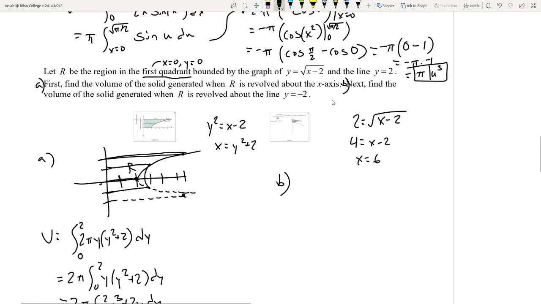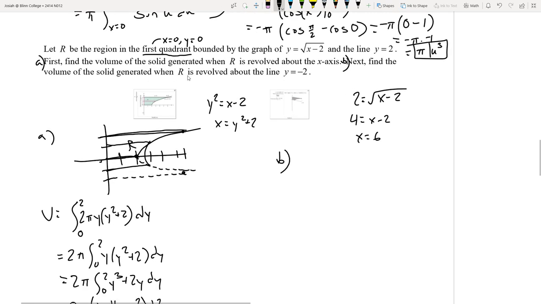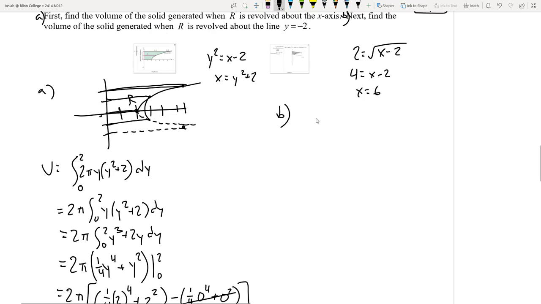And so next it says, find the volume of the solid generated when R is revolved about the line y equals -2. So we'll go ahead and take a look and see what does going off axis do to our region. So we should be intersecting right there at 6, 2. And then we're going through, let me see. Yeah, 2 up that way.